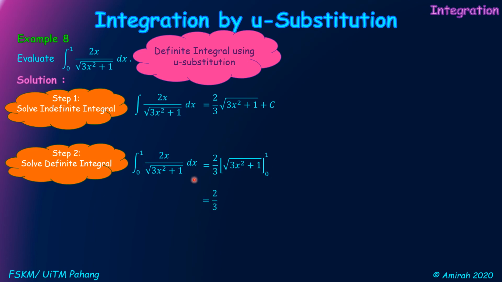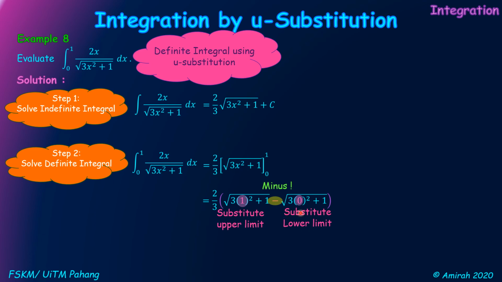After that, we need to replace the values of the upper limit and lower limit. So we substitute the upper limit first into variable x, and in between is a minus sign. And then we replace the lower limit into variable x. We still have the constant 2 over 3 in front, outside the bracket.